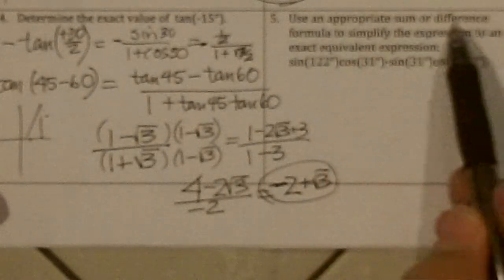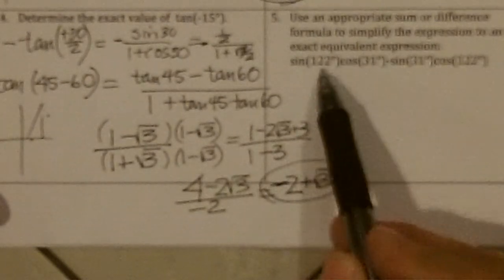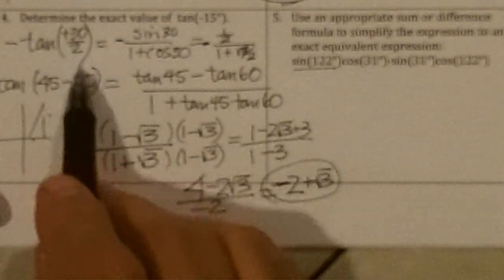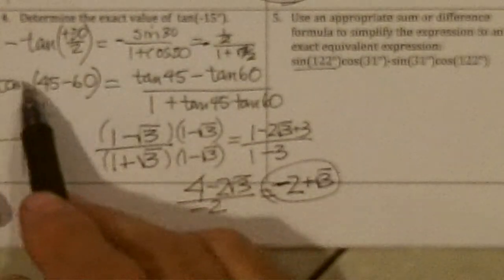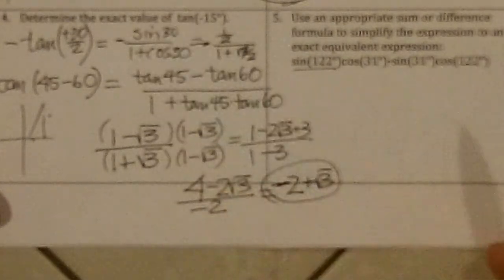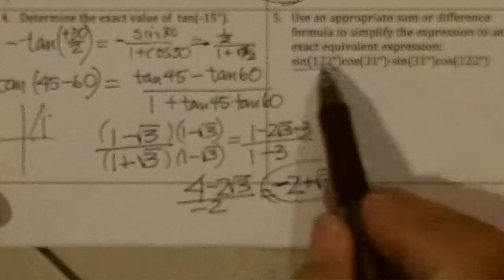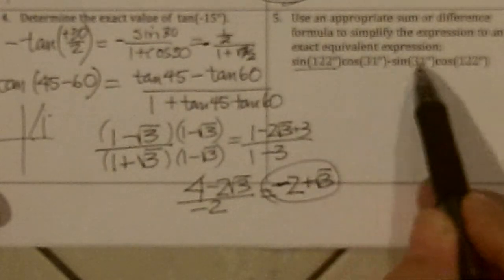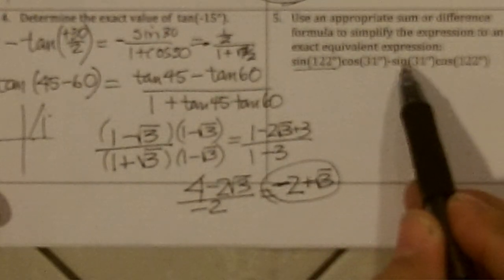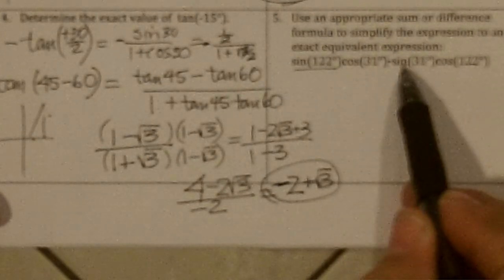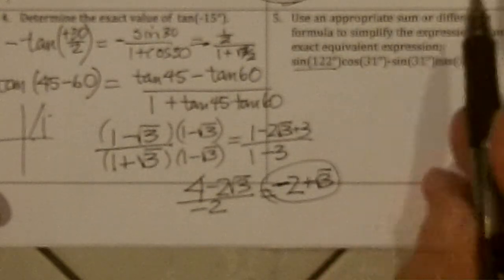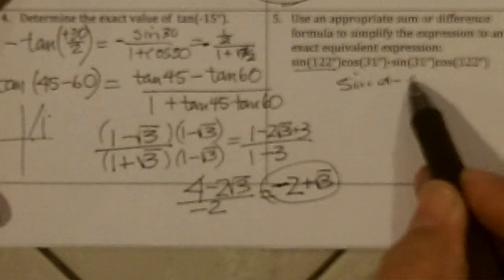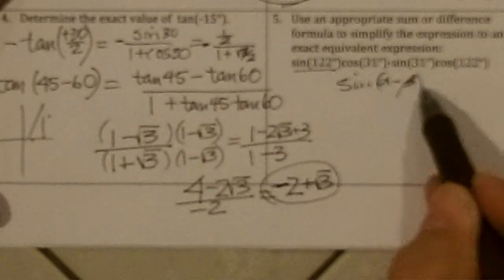This one, use the appropriate sum or difference formula to simplify this. I could have also done this by going to sine over cosine of these two. So there are lots of different ways to do this one. Sine of 122 cosine 31 minus cosine of 122 sine 31, that's the sine of an angle minus an angle formula.